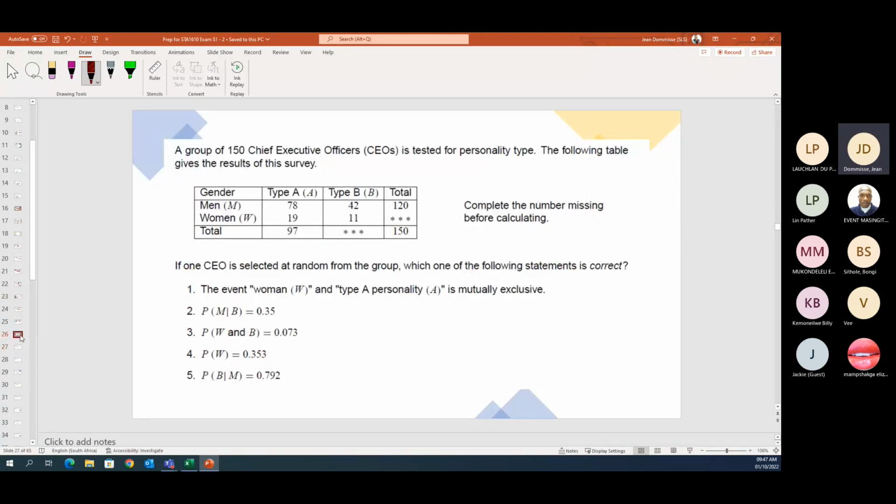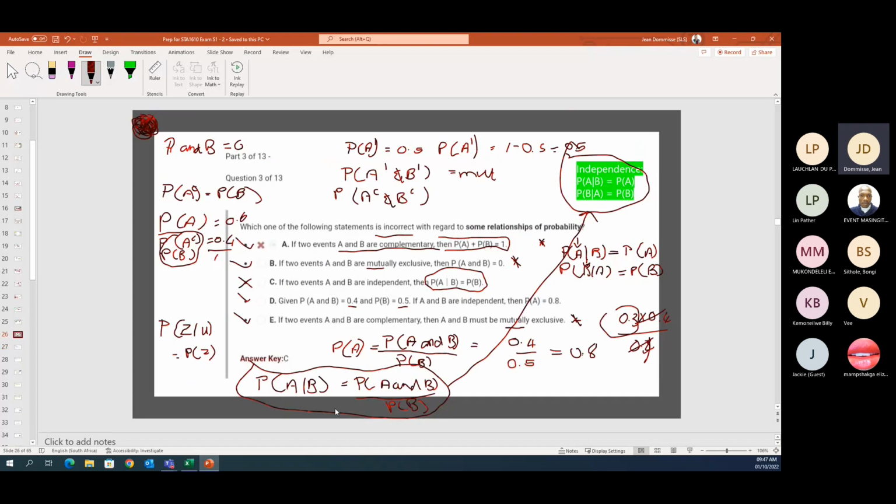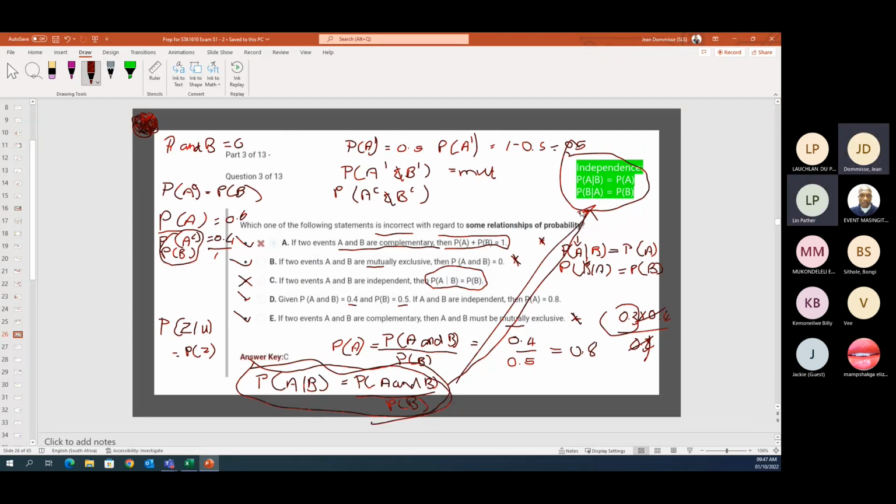But then if you know that it is independent, you can move from this straight to that. So if you know it's independent, you don't need to work out that. You can just say my answer is the probability of A. Cool, you can then nearly bypass all the other calculations and just go straight to the answer. Sure. Thank you.